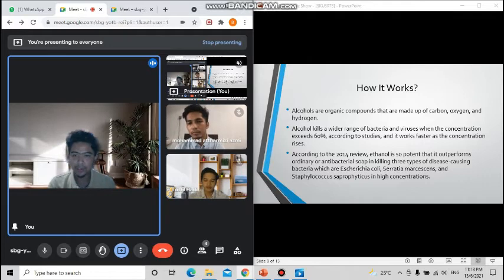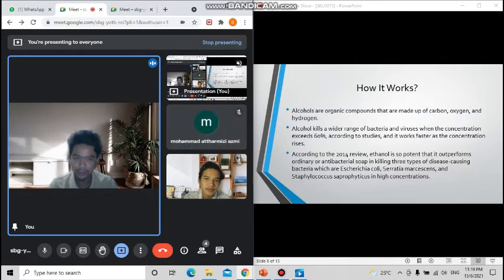Basically, alcohols are organic compounds that are made of carbon, oxygen, and hydrogen. Alcohol kills a wider range of bacteria and viruses when the concentration exceeds 60%, according to studies, and it works faster as the concentration rises. According to a 2014 review, ethanol, as you heard from Tarmizi before, is one of the alcohols that appears in hand sanitizer.